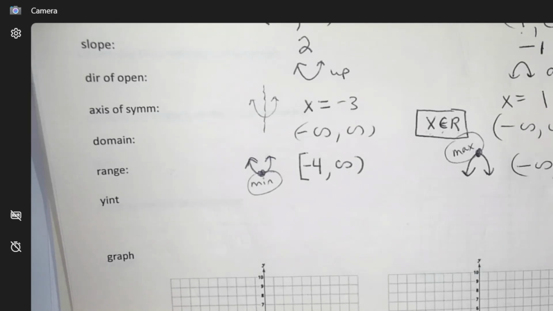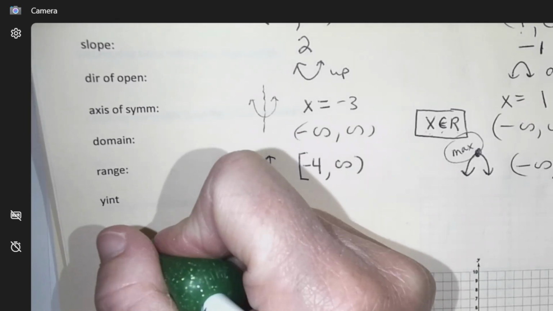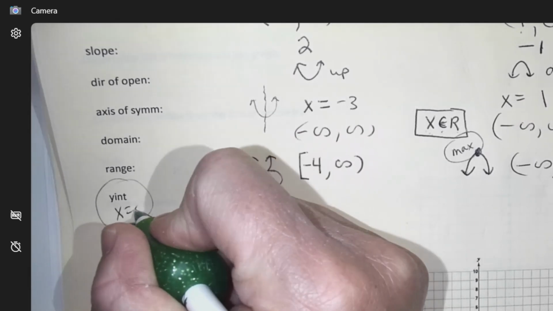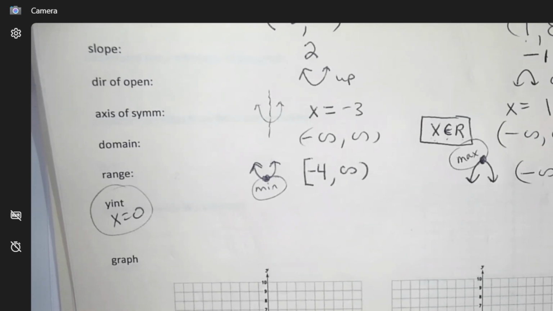Okay, and the last little question of info is the y-intercept. So the big idea here is that x is going to have to be a 0.